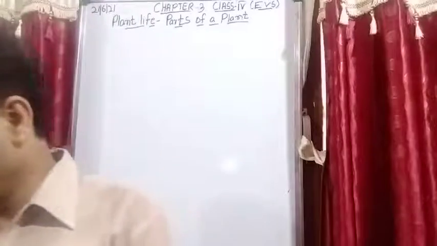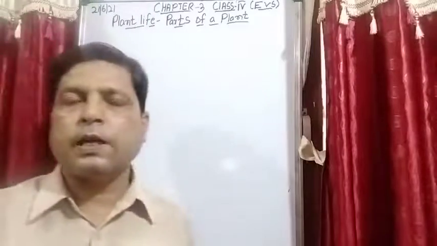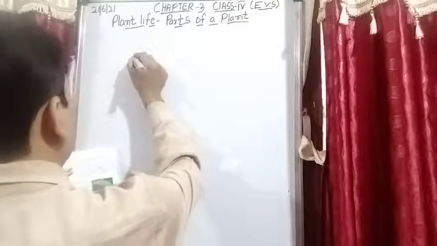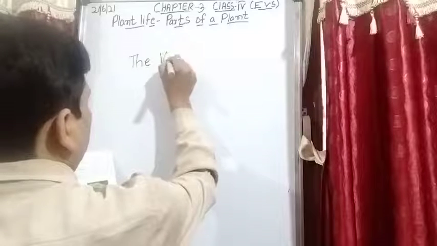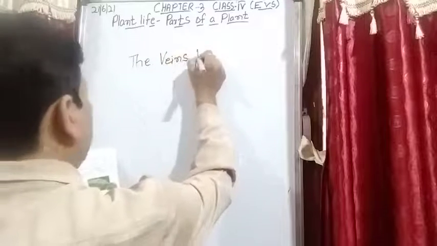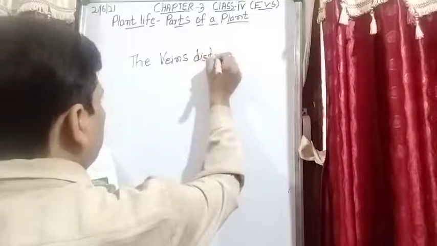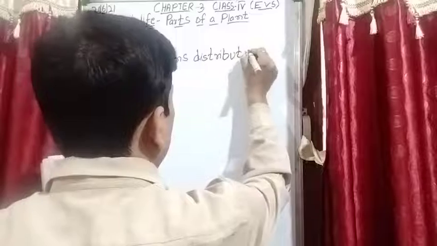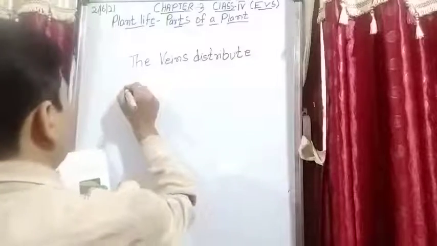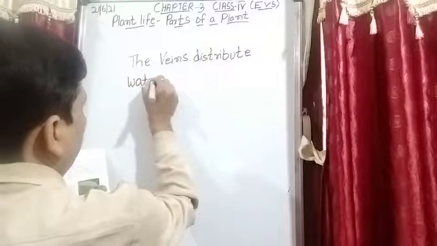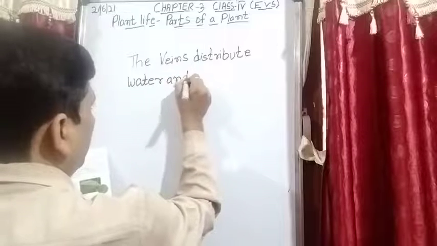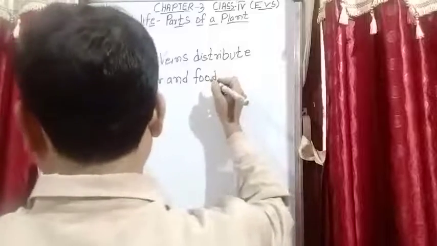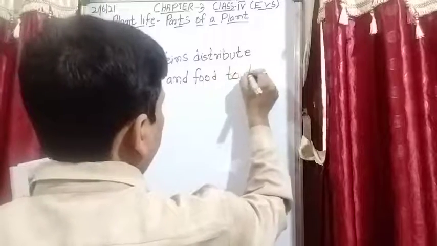So what is the role played by the side veins which are connected to the main vein? Is it clear? You can note down: the veins distribute water and food to the leaf.